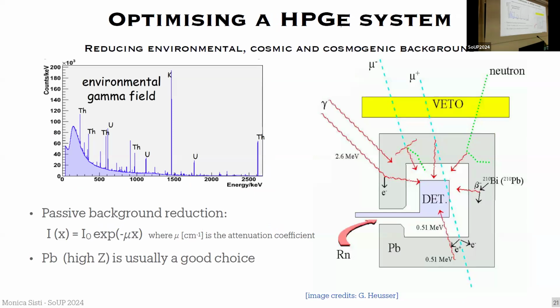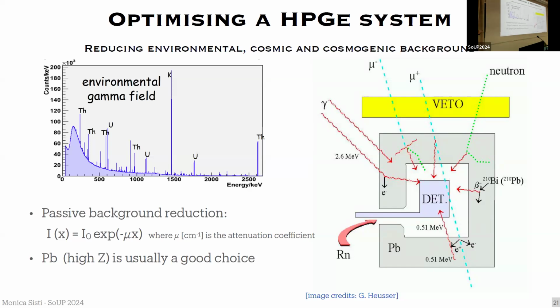So we have to reduce environmental background. This is a typical environmental gamma field, where you have all the gamma rays from uranium, thorium, and potassium. This goes up to 2.6 MeV, which is the highest energy gamma ray, from the thallium-208 decay, a daughter of thorium.